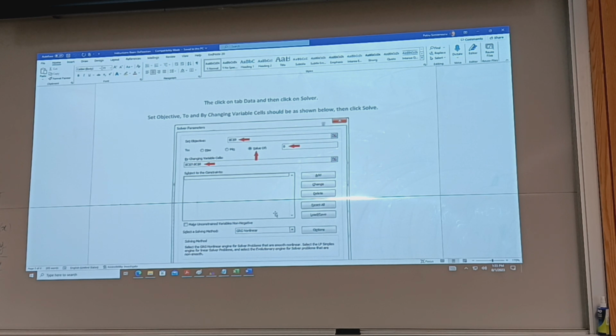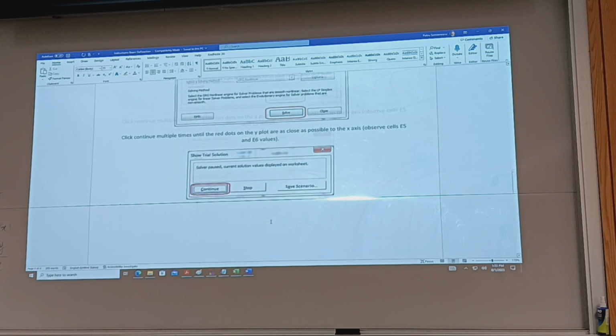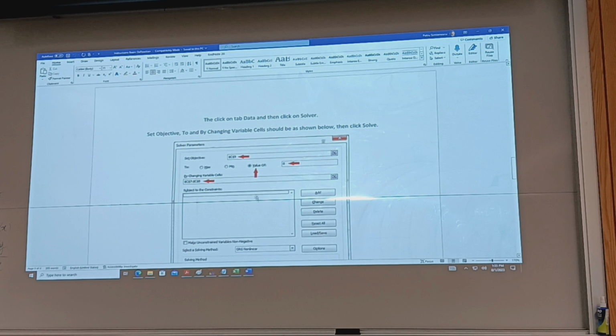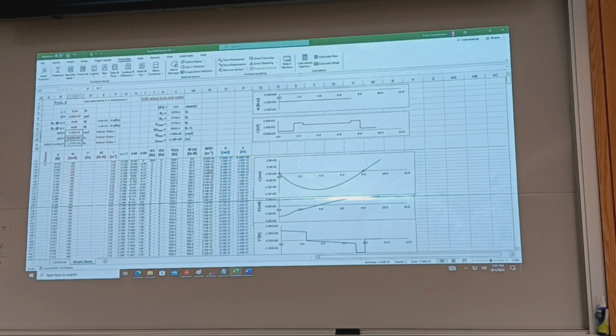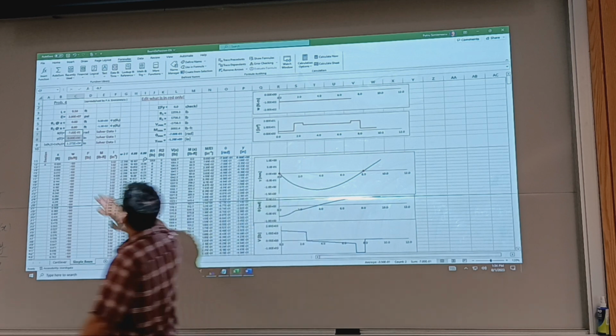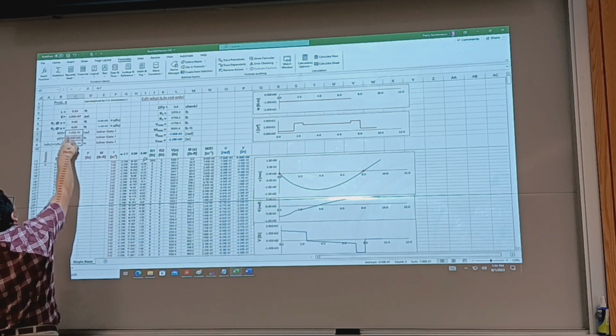Now the solver can do 2 at a time until I get the 2 deflections equal 0 by changing variable cells and set objectives. C9. Let's see what this C9 is. I think this is a residual.